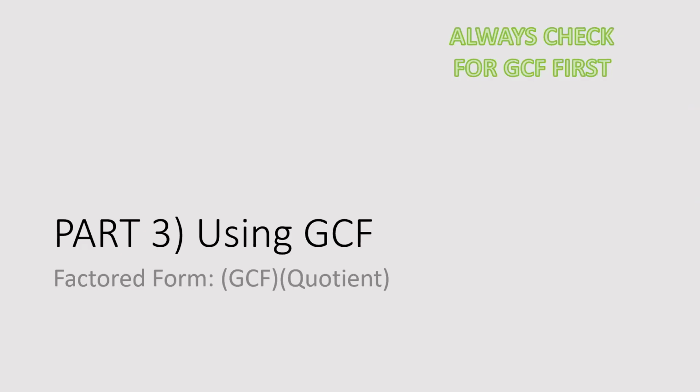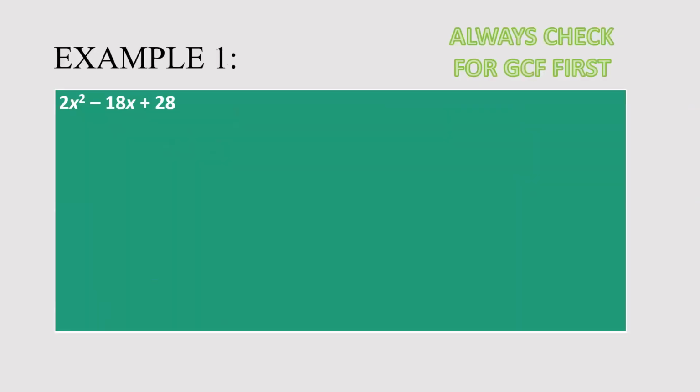Oh no. Okay. So here's our example. We have 2x squared. This is your box 4. So we have 2x squared minus 18x plus 28. Okay. And I'm like, oh, it's not simple. But what does it say to do on the right-hand side?